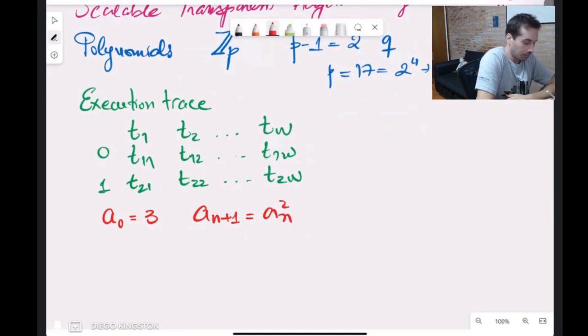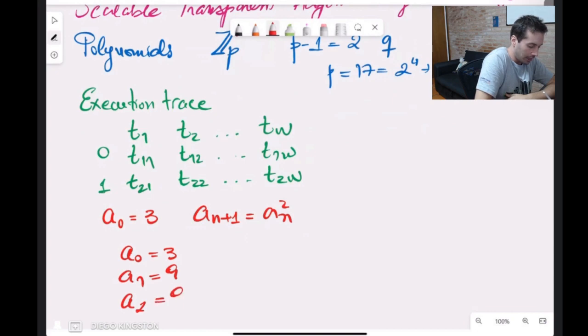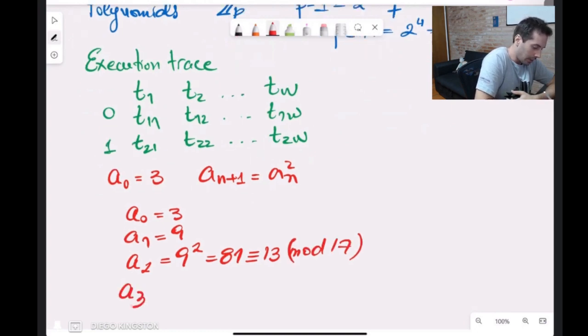For example, the first 4 terms of this sequence are A0 equals 3, A1 equals 9, A2 equals 9 squared, and this is 81, but since we are working with 17 as modulus, this is congruent to 13. And then A3 is simply 13 squared, which is congruent to 16.